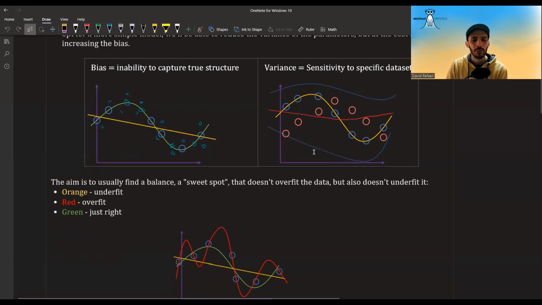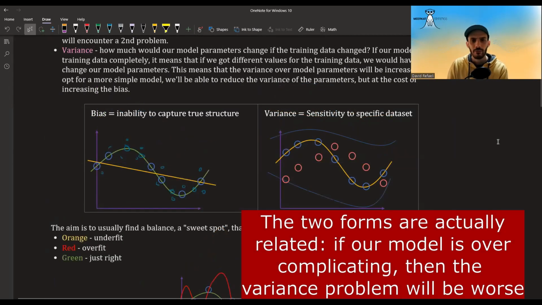But if we were to draw a new set of data points, we would get these red points, and then our neural network, this orange line, is not really fitting the red points. So this is what variance is. We are overfitting to a specific data set, even though if we had more data, we would see that we are actually not fitting the true process. So this is one form of variance.